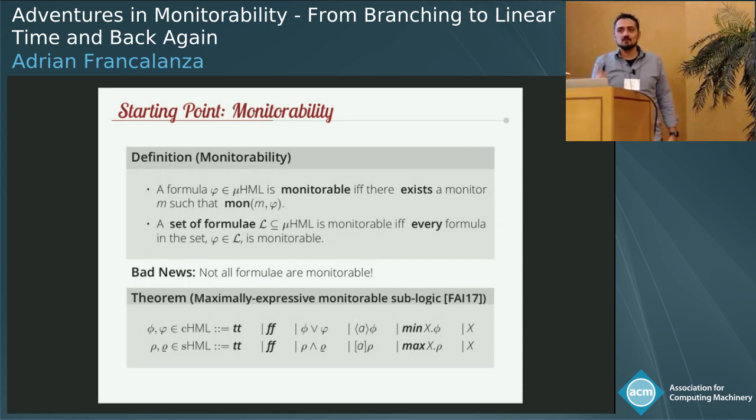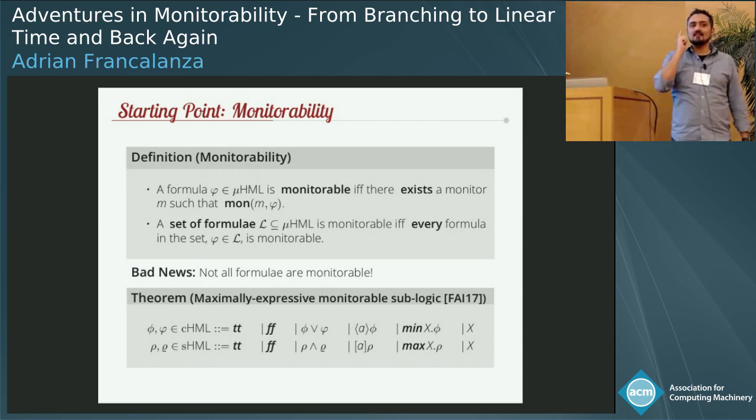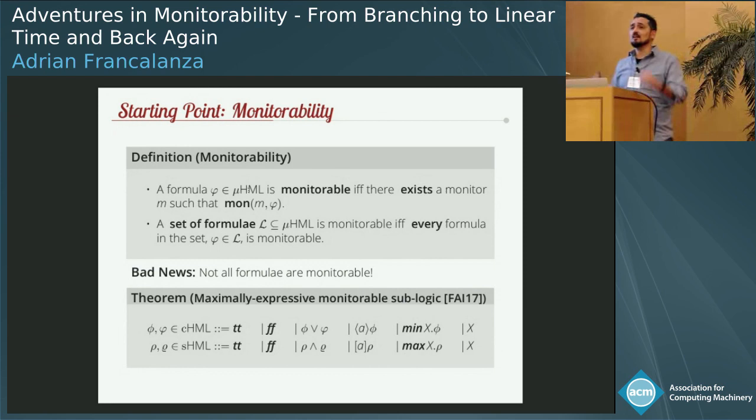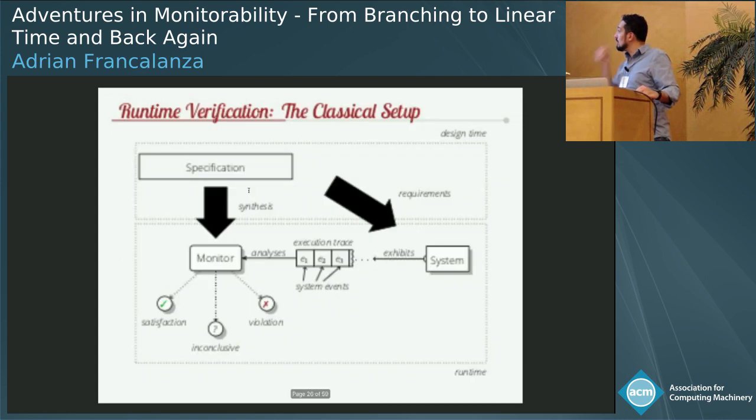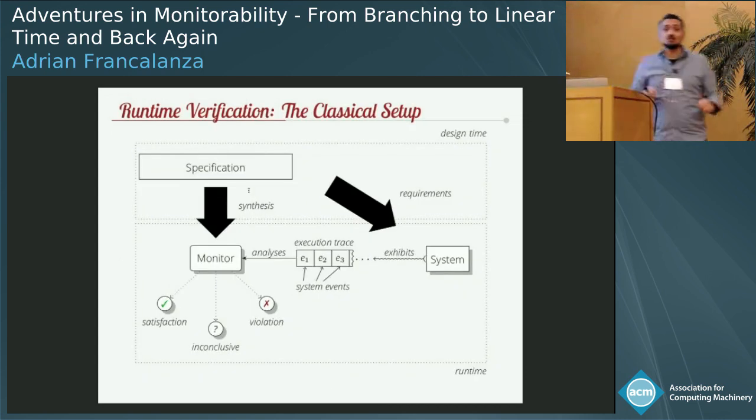And not only that, any property that is monitorable, you can express in terms of this syntactic fragment. And this is one of the first results in the area that talks about maximality, and it is actually very useful if you want to build a tool, because it gives you a basic calculus on what to focus on.